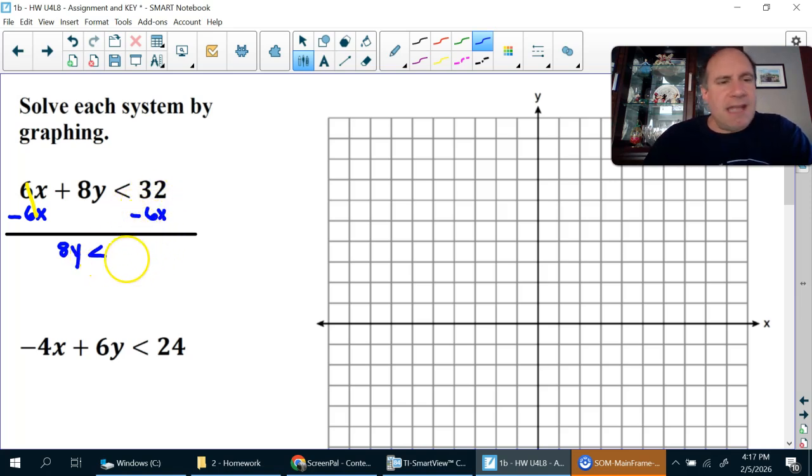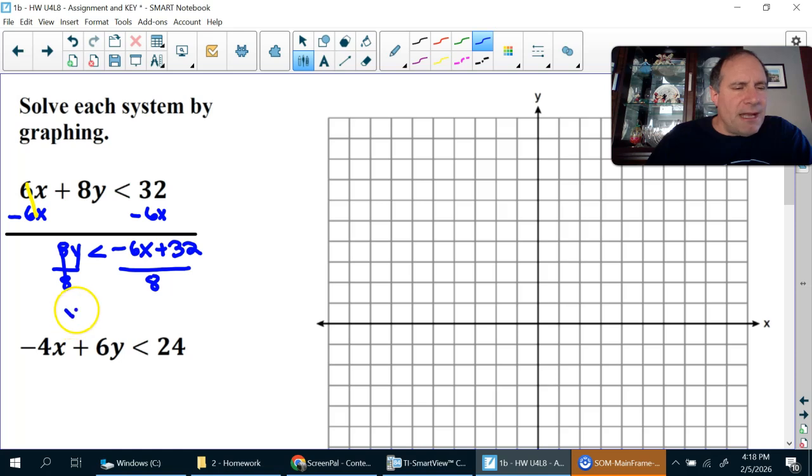I'm going to put the negative 6x first and the plus 32 second. The last step is to divide by 8 on both sides. Since you're dividing by a positive, you do not have to flip the inequality. It becomes y is less than negative 6 over 8.